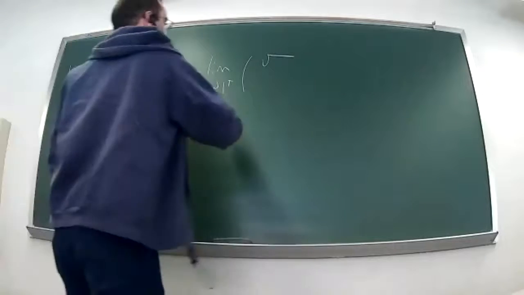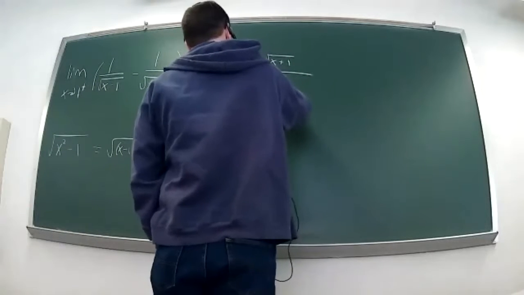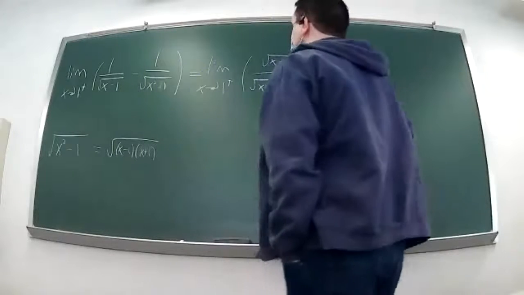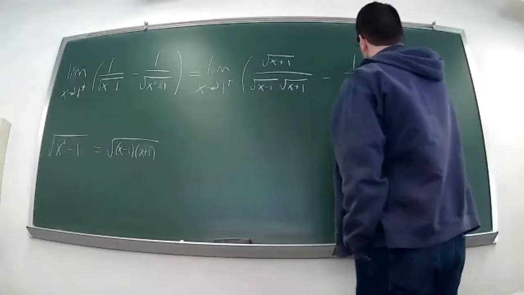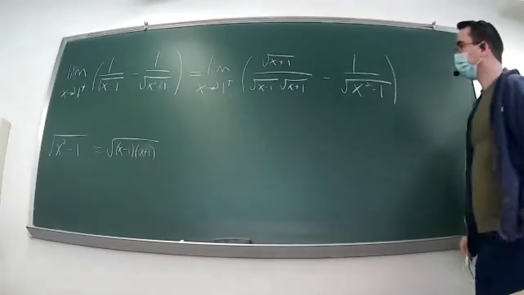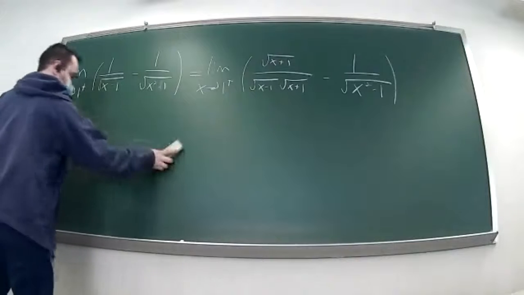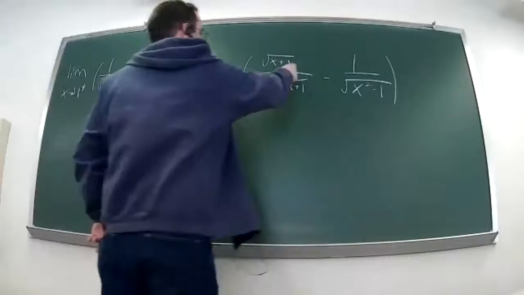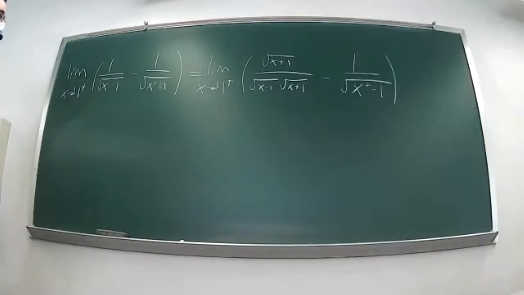X plus 1? I can do that at the outset. You see, I just multiplied top and bottom by root x plus 1, so I didn't change the value of the expression.